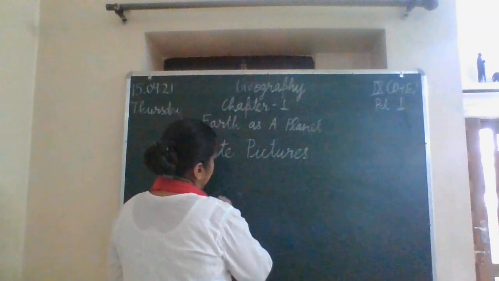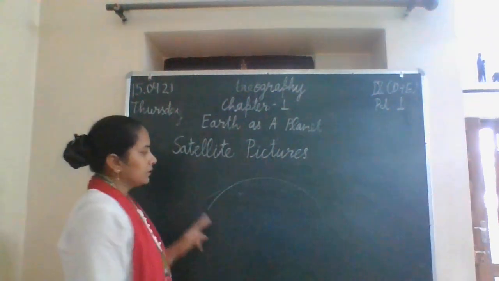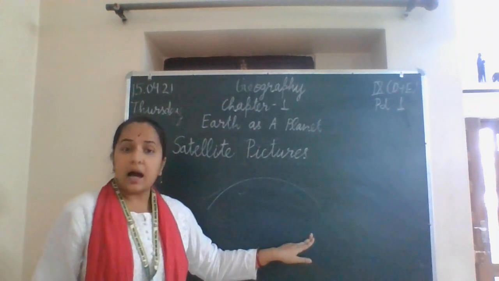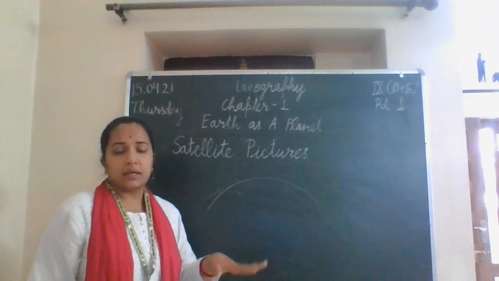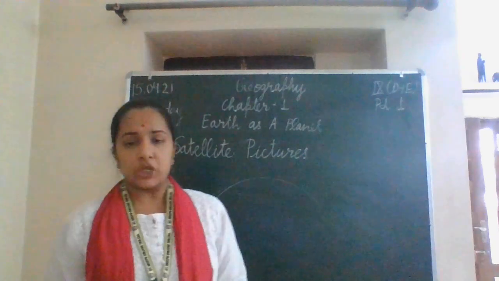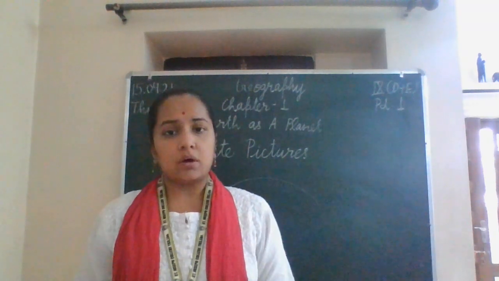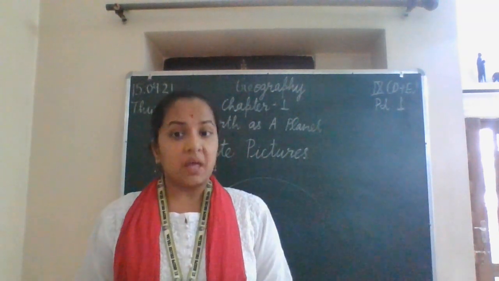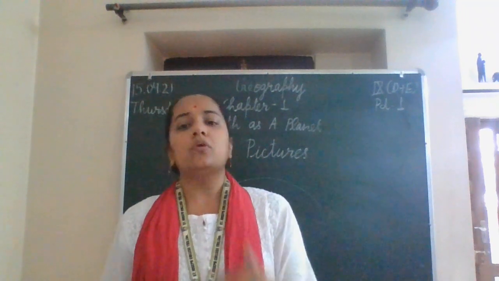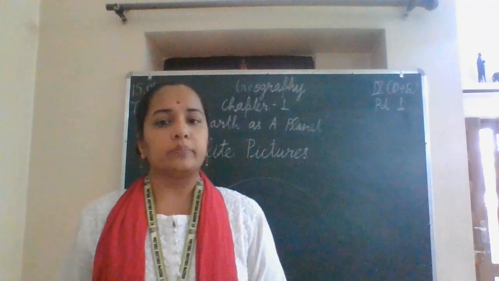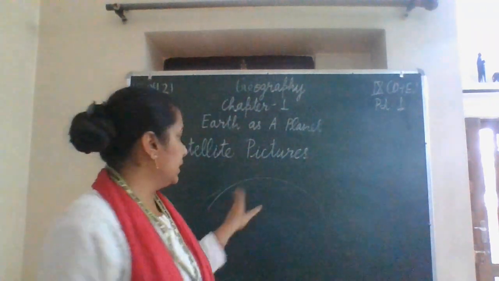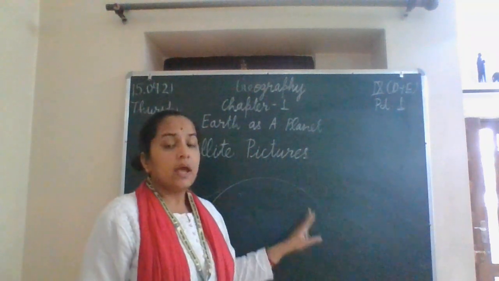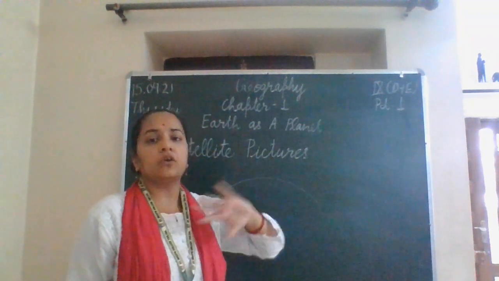It is an arc. And when will we get the arc? When something is circular in shape, when something is spherical in shape, only then will the shadow of that particular object create an arc. And why does it create an arc and not the complete circle?